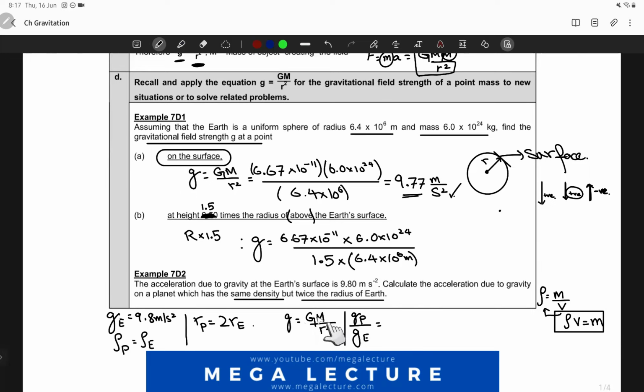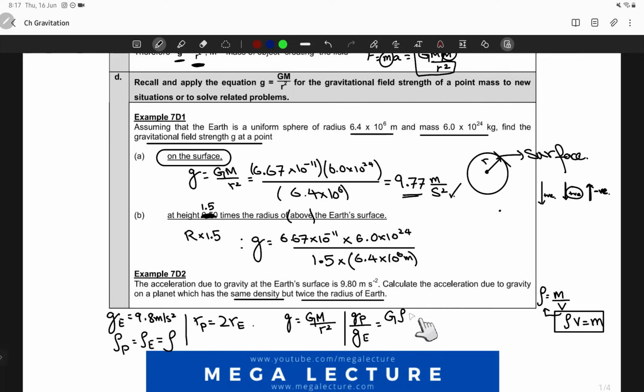This m can be replaced with density times volume. So I can write G, and density is rho, and it's the same. They're saying that the density rho_p is the same as rho_e. So let's just say it's some constant rho, because both values are the same for the planet and Earth.